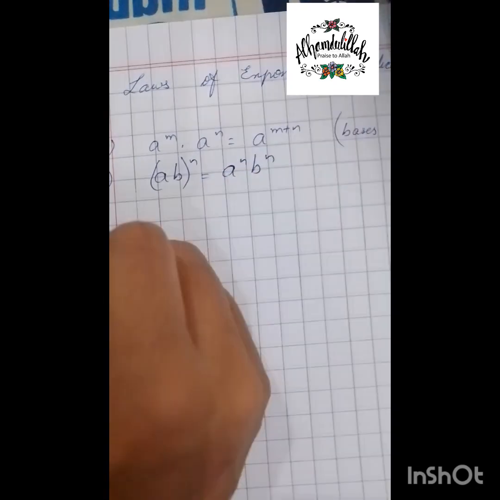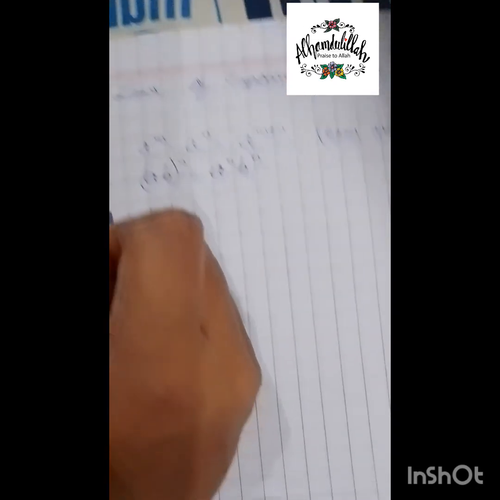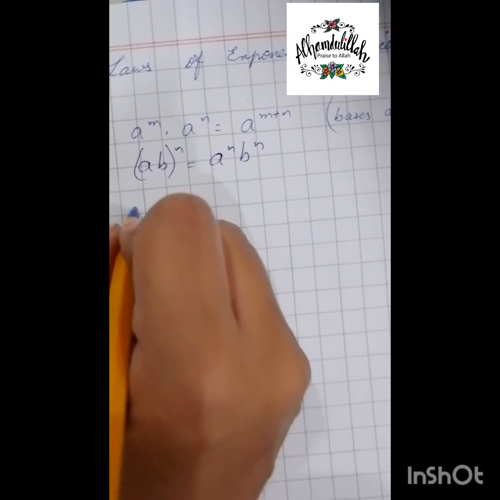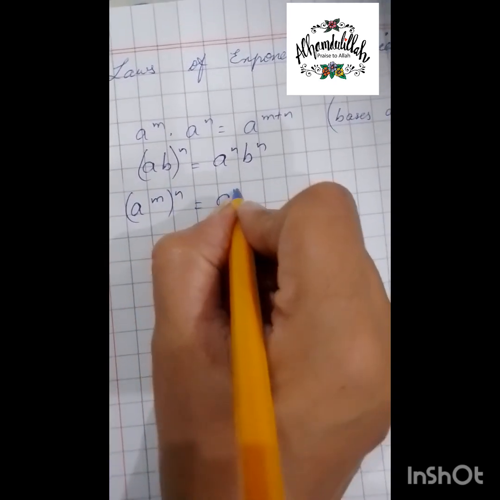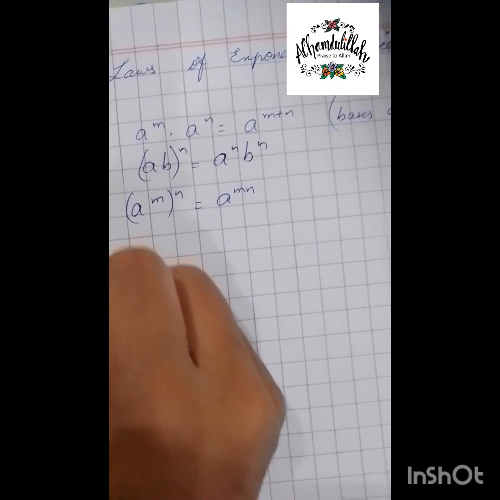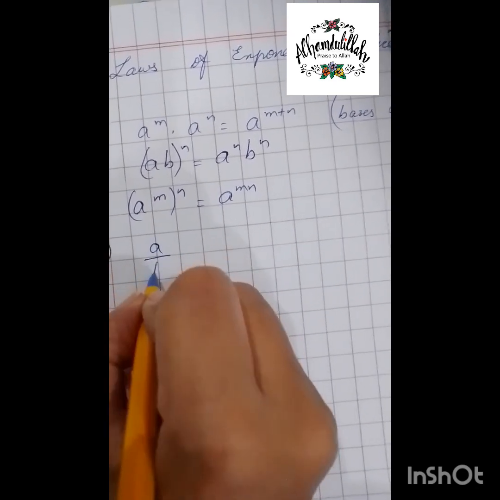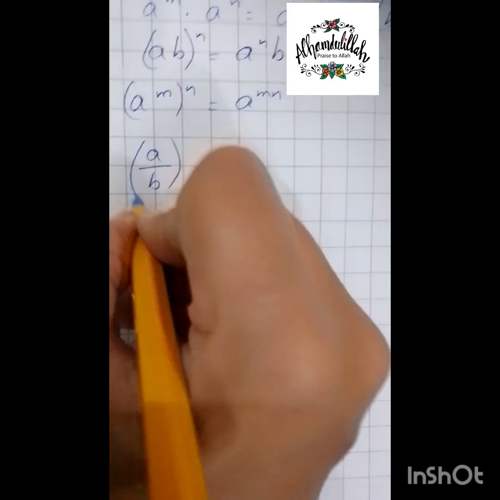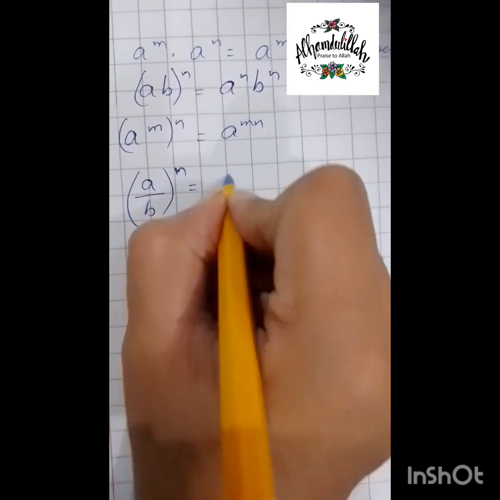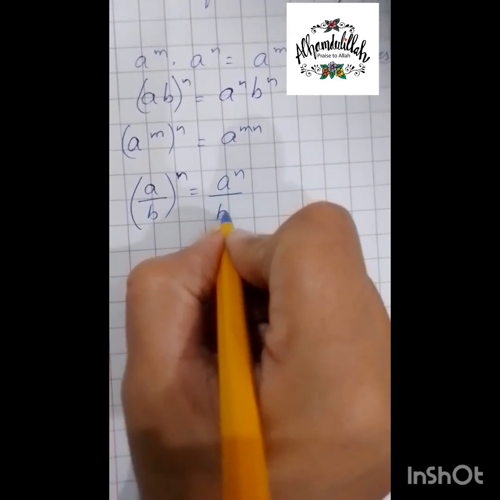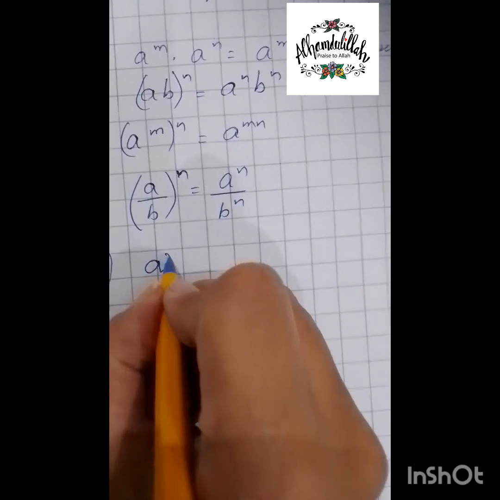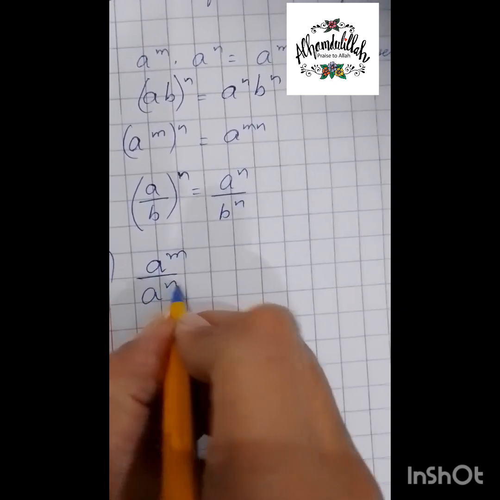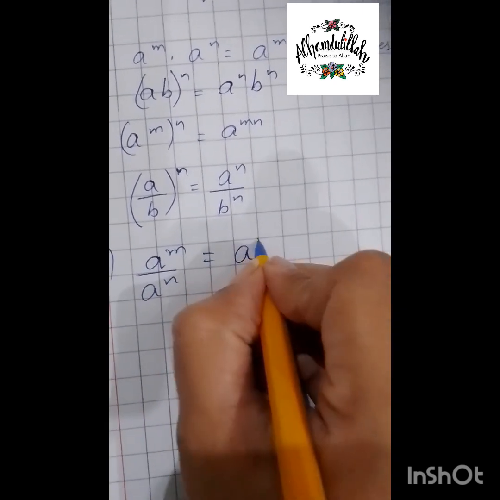The second one is if the power is outside, it will be on every variable inside the bracket when we remove the brackets. Similarly, the third one, the power will be multiplied. Again in the division form, fraction form, the whole power n will be the power on each and every variable.